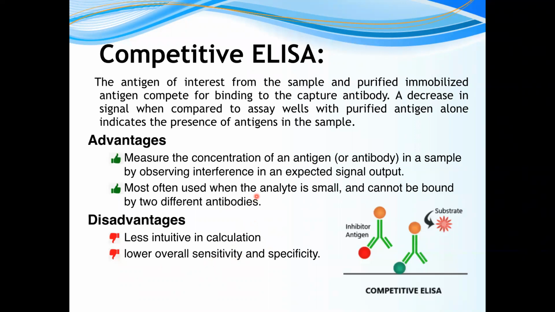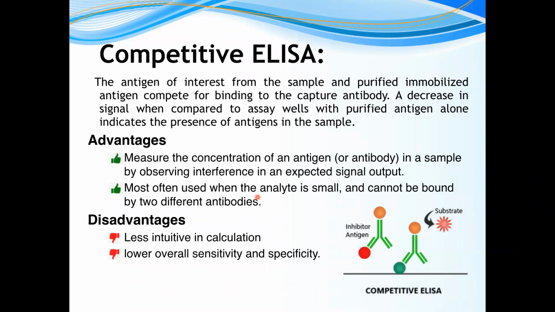So these are the 4 different ELISA formats that are commonly available in the market, and out of which the sandwich and competitive ELISAs are the most commonly used by life sciences researchers for the analysis of different molecules, proteins, or analytes.